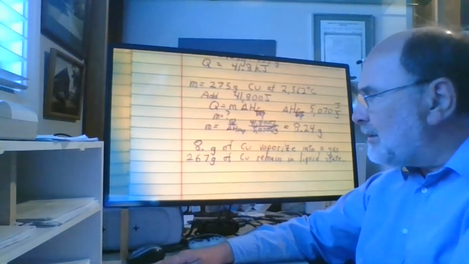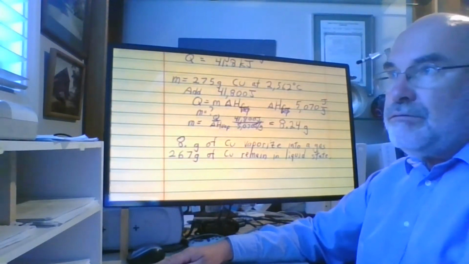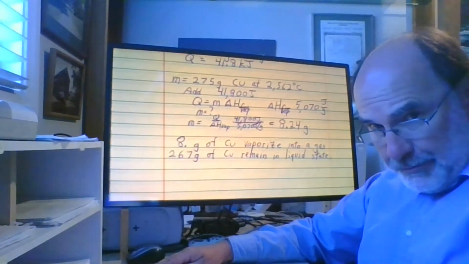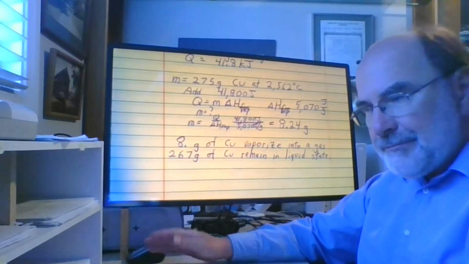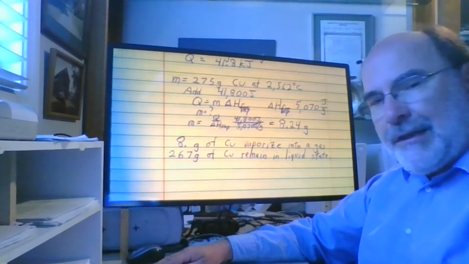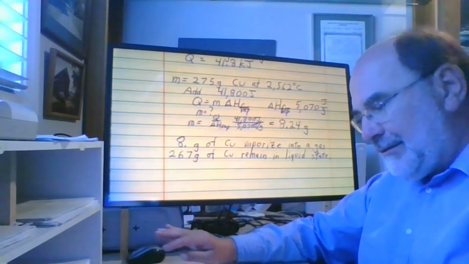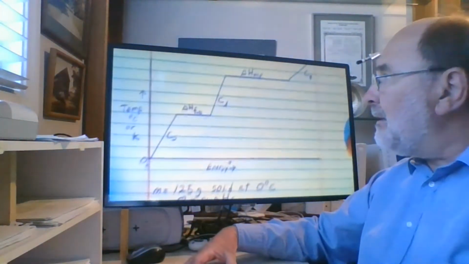Okay, so this is like an old algebra problem where you only go partway through the substance. I don't know, that's a poor way of putting it, isn't it? All right, there's my first example. When I add only this much heat energy to it, it doesn't completely go all the way across on this horizontal bar.